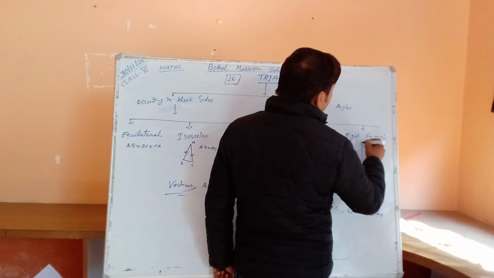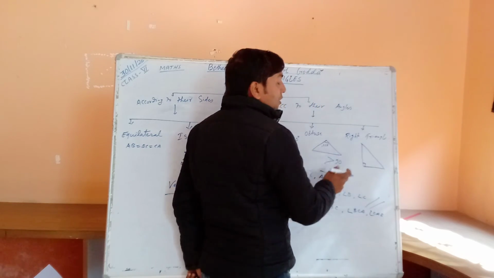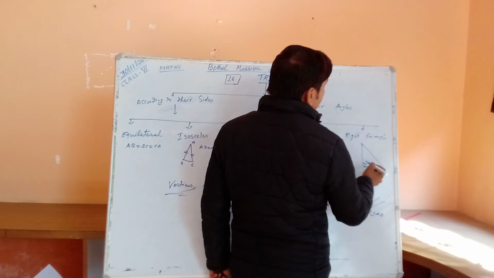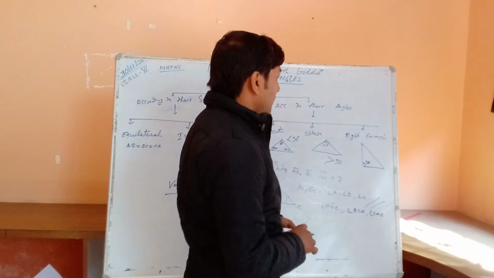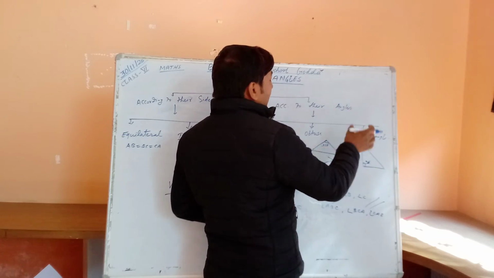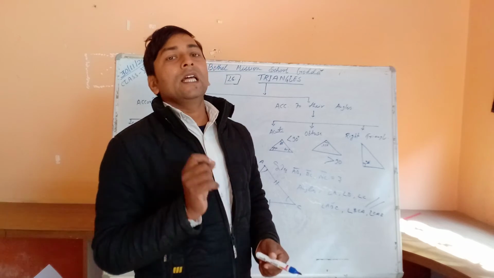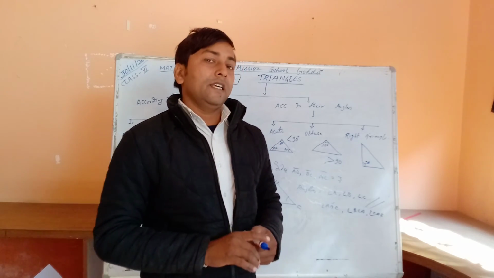When one angle of a triangle is 90 degree, that is the symbol of a right angle. That's why it is known as a right angle triangle. In a triangle, only one angle can be 90 degree or more than 90 degree.